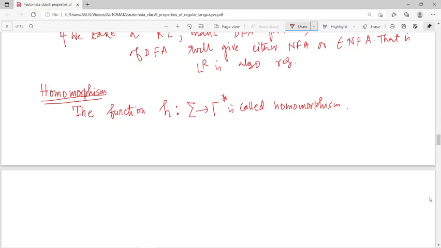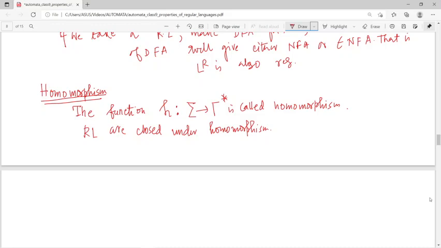That is a function that maps from one set of alphabet to another set of alphabet. That is called homomorphism. And regular languages are closed under homomorphism.